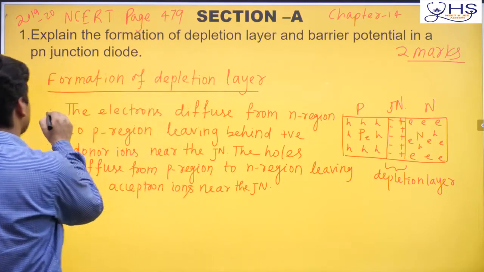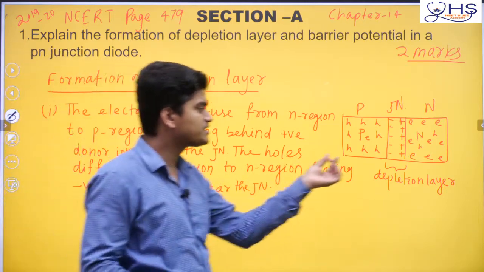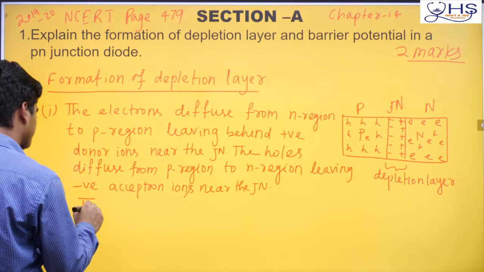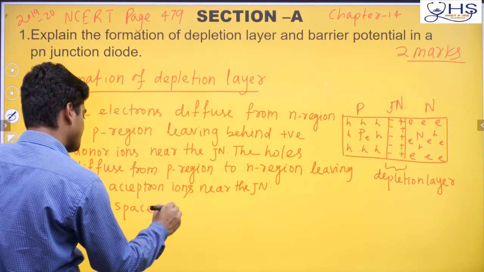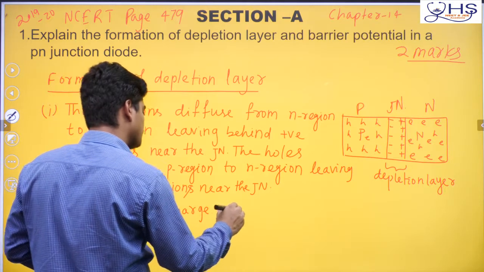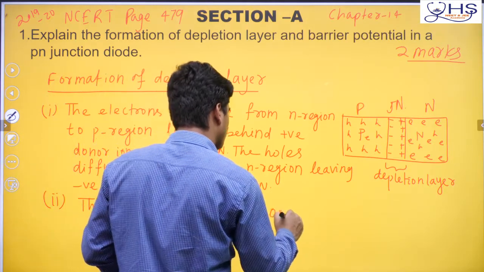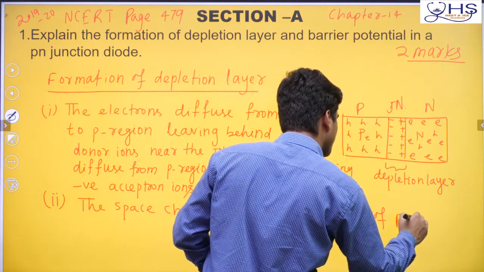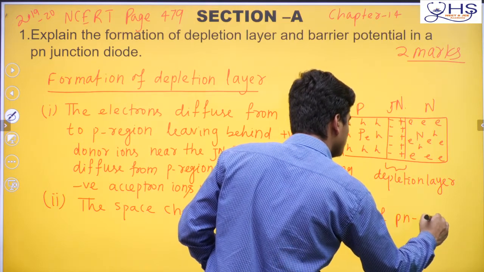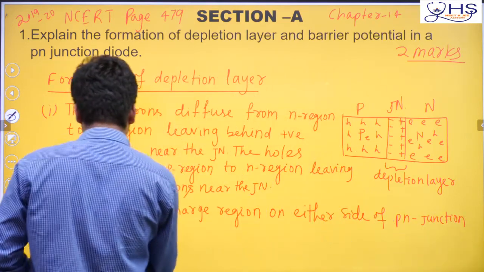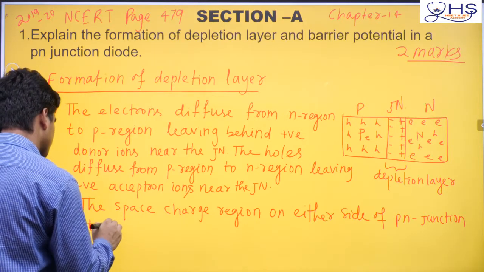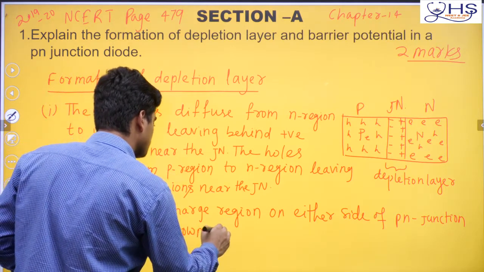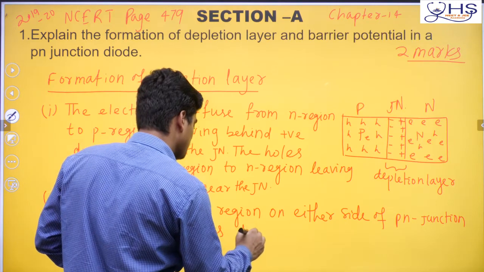This one line you write here, give it point number I. Together, this region is basically a space charge, you can say. So together you can tell point number 2: the space charge region on either side of the PN junction together is known as the depletion layer.